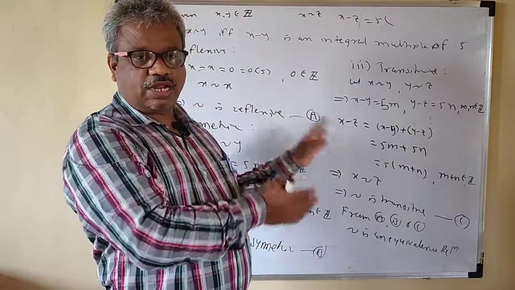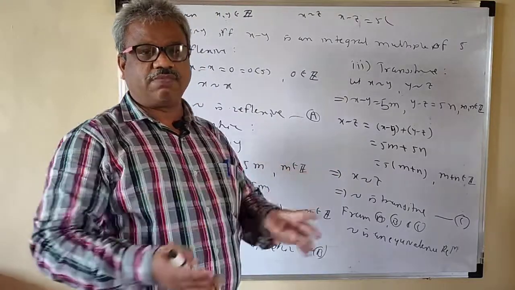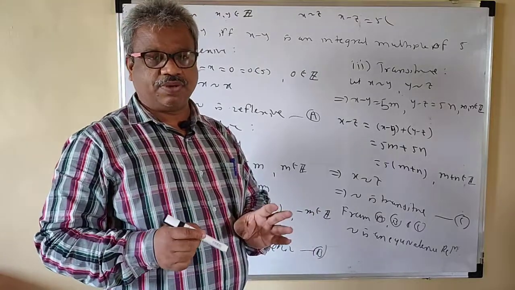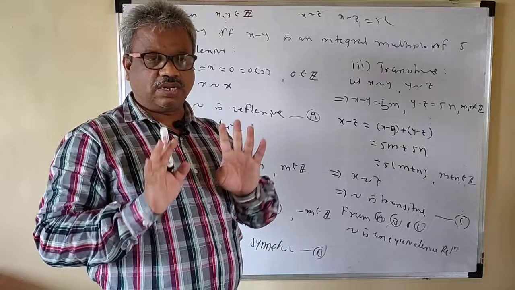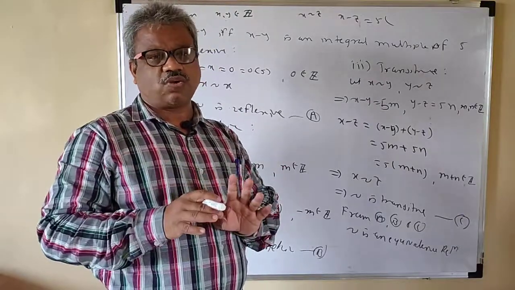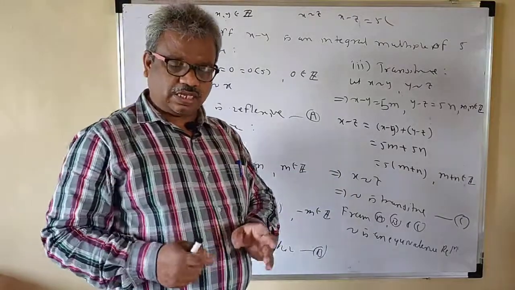In the next part we will see what we mean by function. A function is also a relation, but there should be conditions. For a relation there is no restriction from A to B, but under some conditions that relation may be a function. Note that a function is nothing but a relation. If some conditions hold, then that relation is a function. That we will see in the next part.